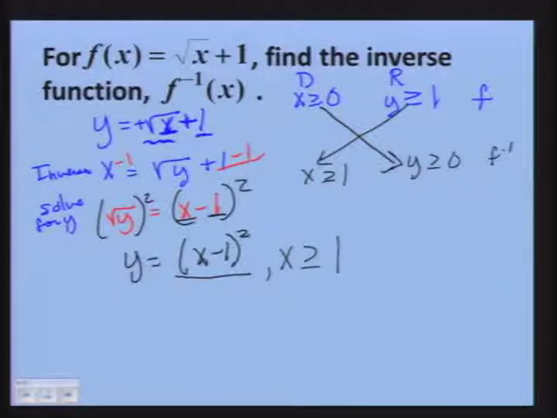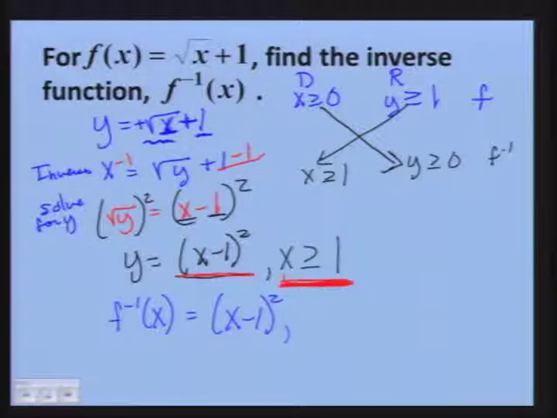So part of the answer is writing this in right here so that people know we're not graphing a whole parabola but just a piece of a parabola. So changing to inverse notation now, f inverse equals x minus 1 quantity squared, given that we have to pick x's greater than or equal to 1.